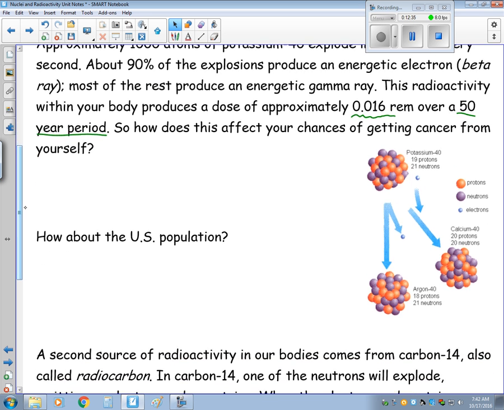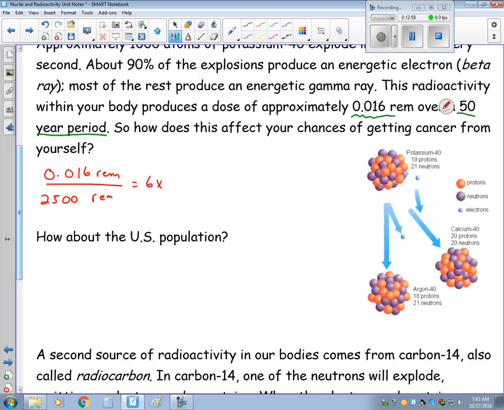So how does this affect your chances of getting cancer for yourself? Well, what we do using the linear hypothesis, we take our 0.016 rem, we divide that by the cancer dose, 2,500 rem. So that gives us 6.4 times 10 to the negative 6th.